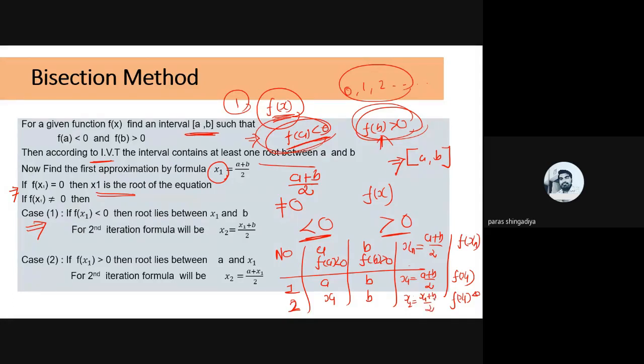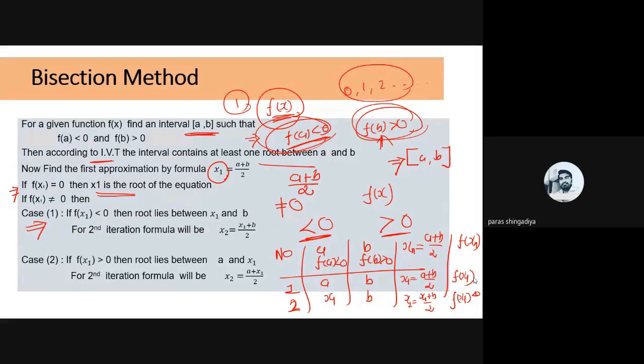Why do we consider x1 in place of A? Because f of x1 is negative. So in the second iteration we replace A by x1, and we get a new interval x1 to B. To find the second iteration, use x2 as x1 plus B by 2, clear.